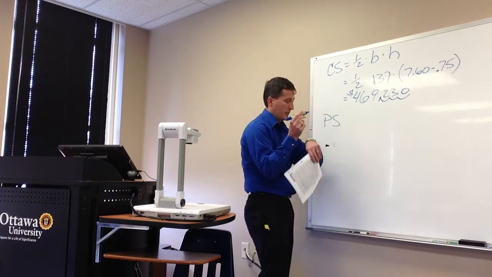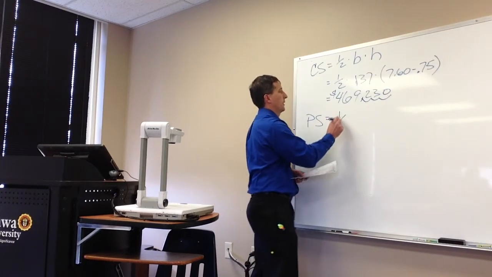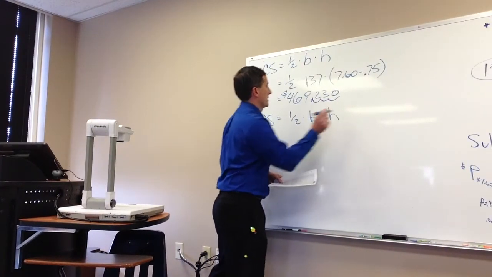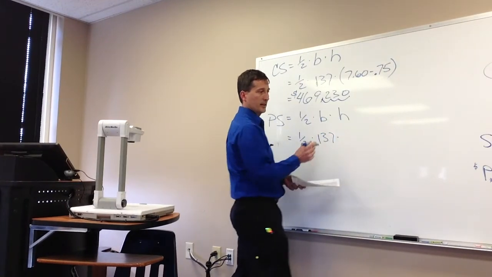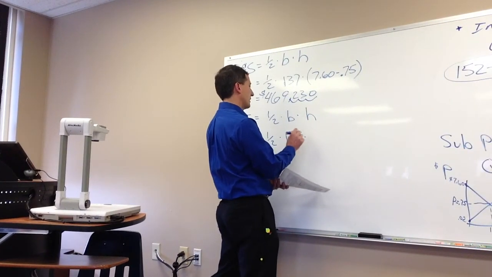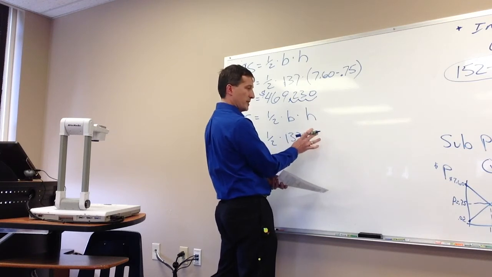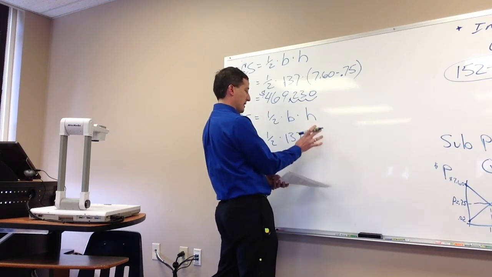And then producer surplus. 1/2 base times height. 1/2 137. That's fine. You can keep the calculator entries a little easier that way. You just got to remember to convert at the very end and double check that.